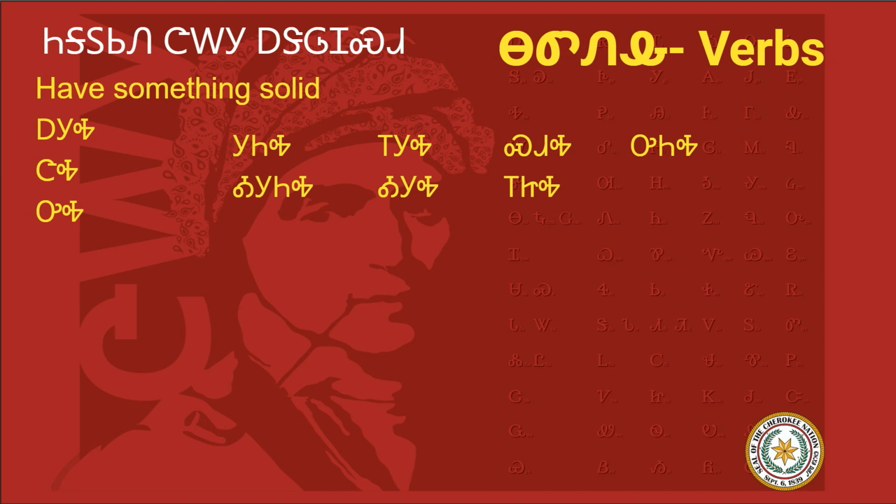So we're going to look real quickly at these tables. So this is having something solid, right? Agiha, I have it. Jaha, uha, you have it. He or she has it. Giniha, we too have it, right?